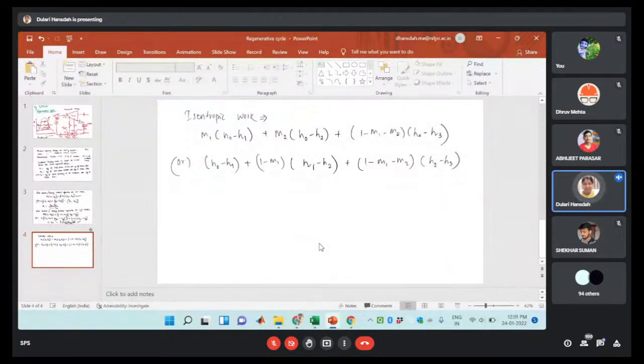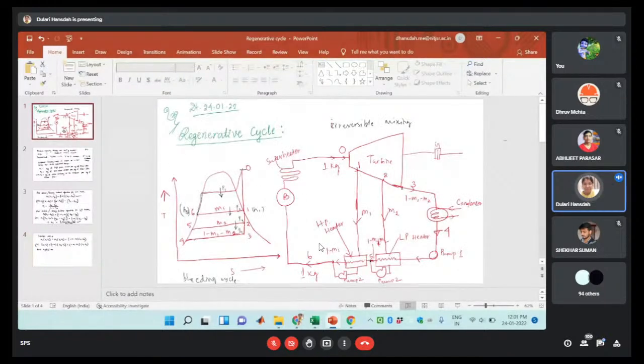So we can write like this also as the isentropic work. Then you will have the heat supplied. So heat supplied will be at this position.